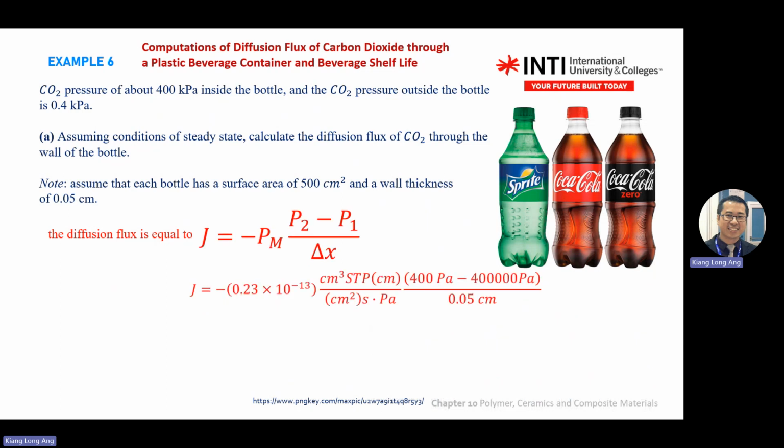Then inside P1 is 400 kilopascal. P1 is inside, P2 is outside, because the gas flows from high pressure to low pressure, in the direction of the flow.